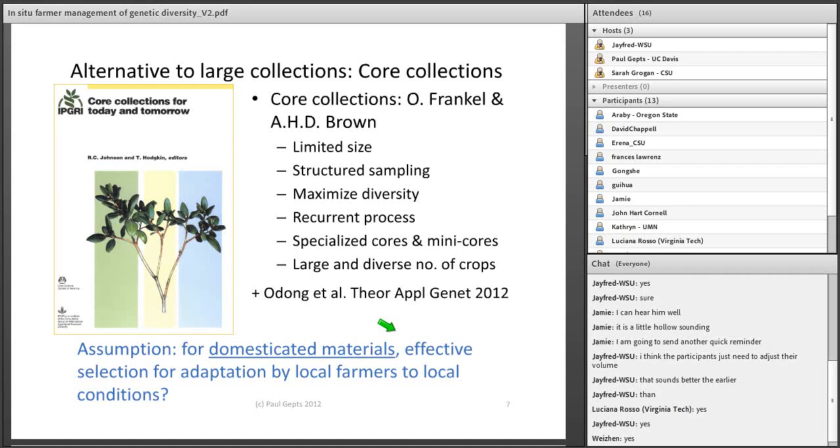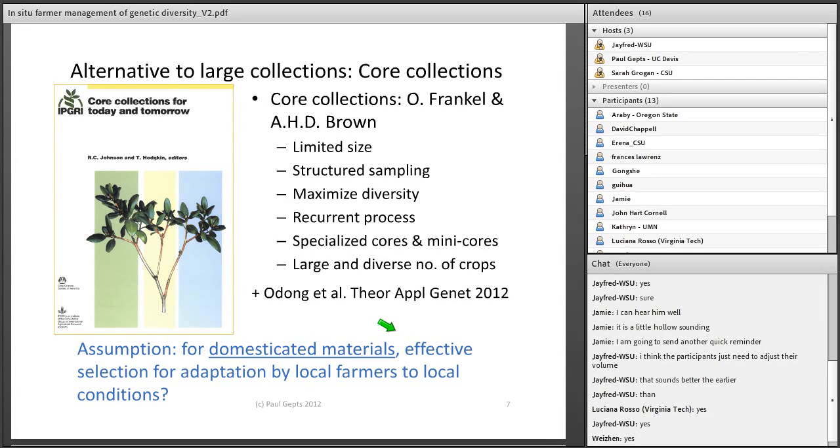So the fact that people select doesn't mean that selection is actually going to be effective, and that's true for plant breeders, but also for farmers. So it also has an implication in terms of ex situ versus in situ conservation. You're familiar with the different gene banks. We have the CG system gene banks.